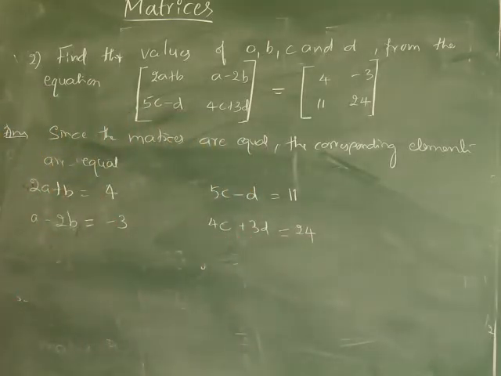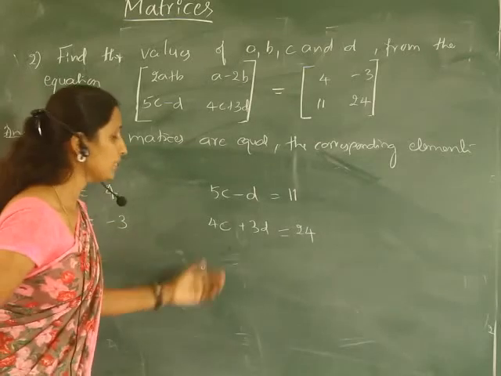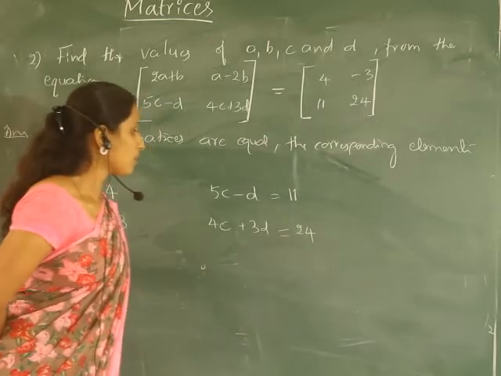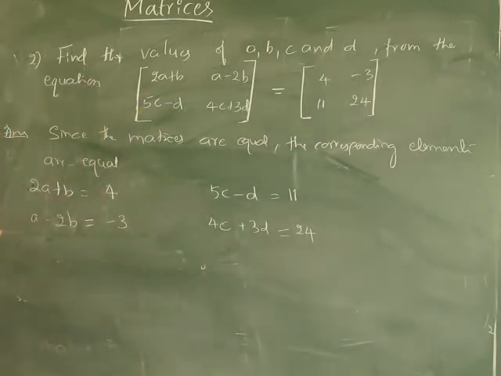Now we have to solve this. Now it is a simultaneous equation in terms of A and B. This is the equation in terms of A and B, and this is the equation in terms of C and D. So here also we have to solve these two equations. We can solve this equation by adding or multiplying.